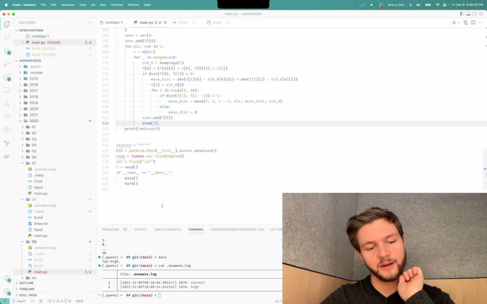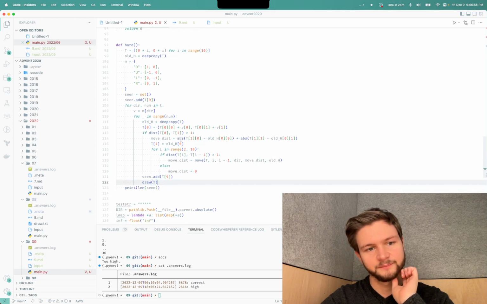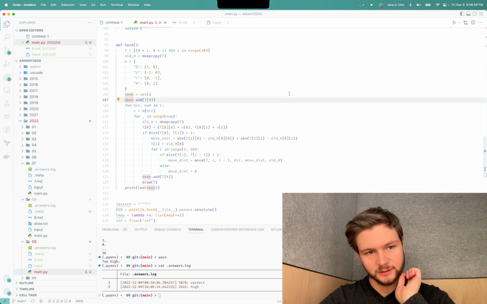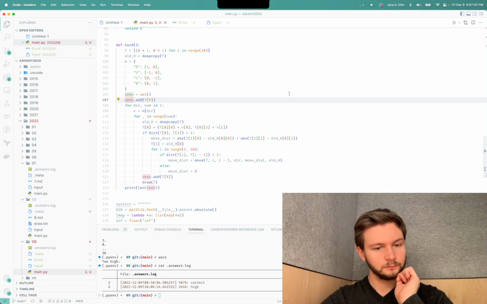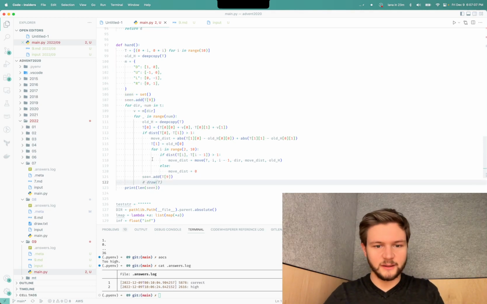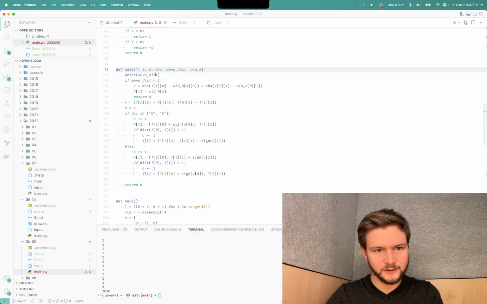How is it possible that we get the right value there, but in our real answer, it's all wrong? So let's remove all the prints and all the draw for now and see what output we get. Well, I guess I didn't remove all the prints.